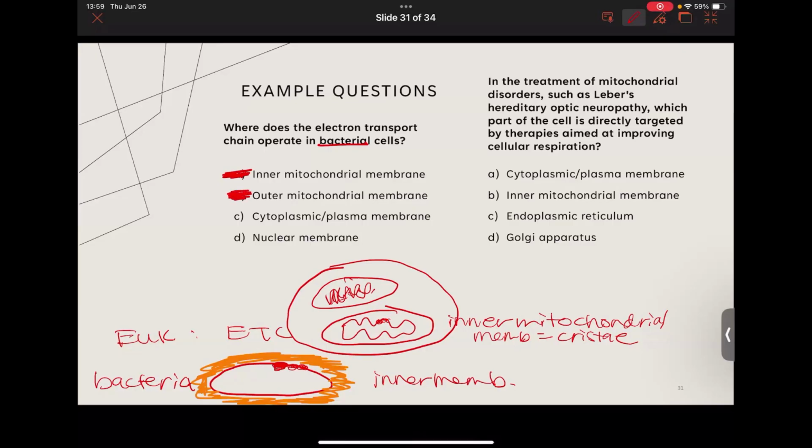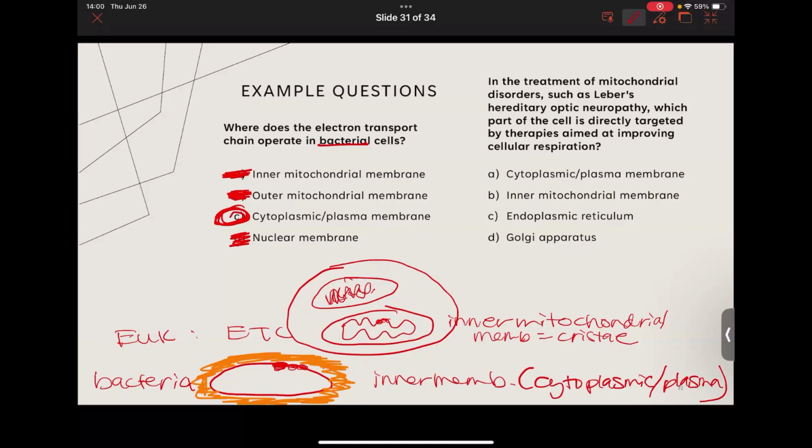I already said it. Cytoplasmic or plasma membrane. This is their inner membrane. Their inner membrane is also known as the cytoplasmic or plasma membrane. It's what contains their cytoplasm. Is it their nuclear membrane? They ain't got a nucleus either. This question was another one that would have answered it for us.